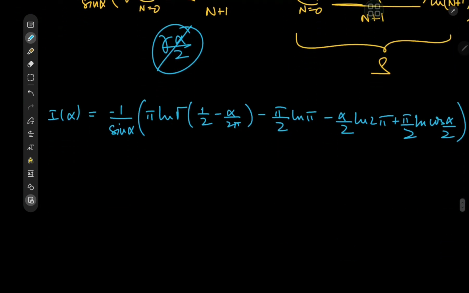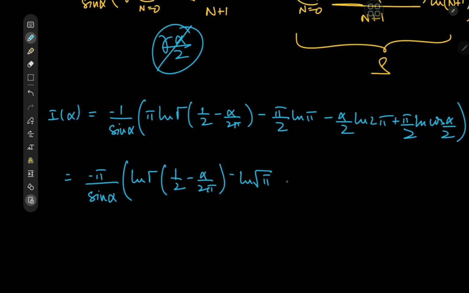And this is absolutely beautiful, but we can do slightly better here. We can factor out a pi and notice that we have logarithms everywhere. We have negative pi by sine alpha times log gamma 1/2 minus alpha by 2 pi minus 1/2 of log pi, so that's log root pi, minus log 2 pi to the alpha by 2 pi plus log square root cosine alpha by 2.